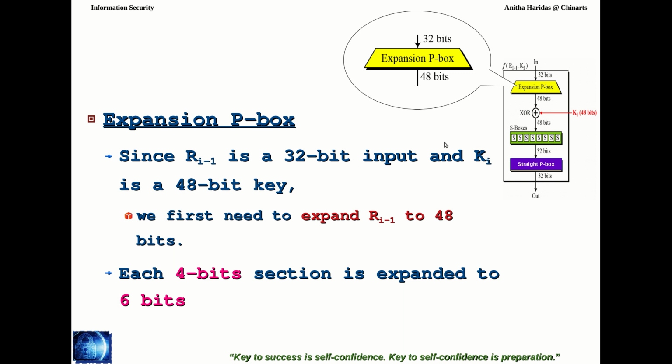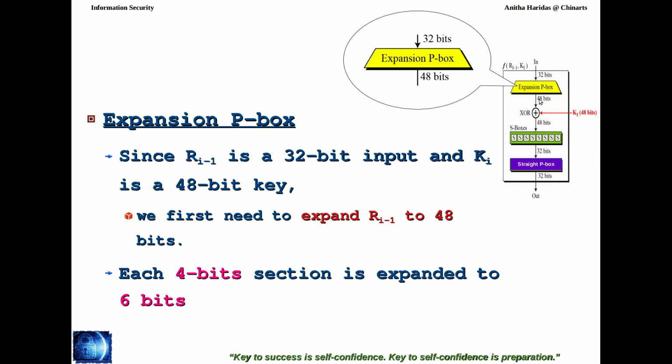So here the input for the expansion P box is a 32-bit input, which is Ri-1, which we get from the previous round, and Ki is a 48-bit key, right?